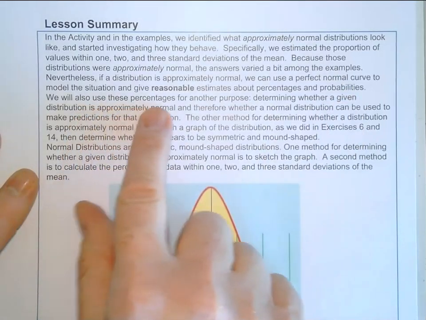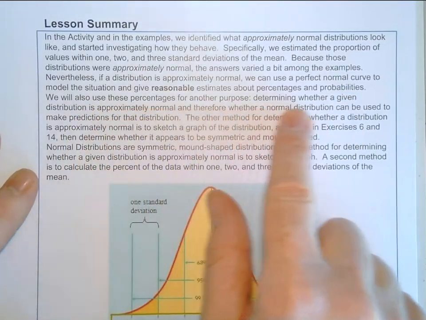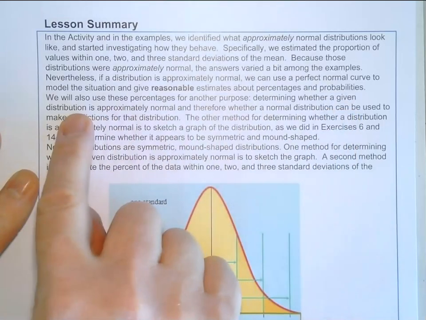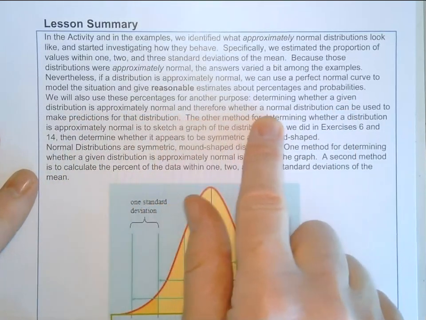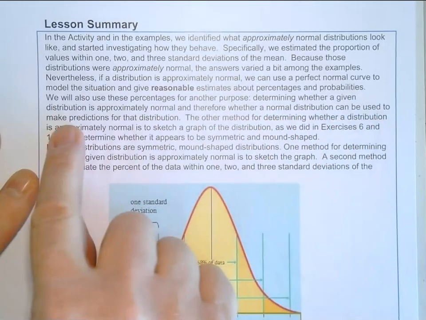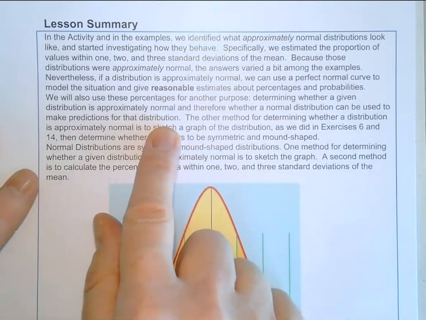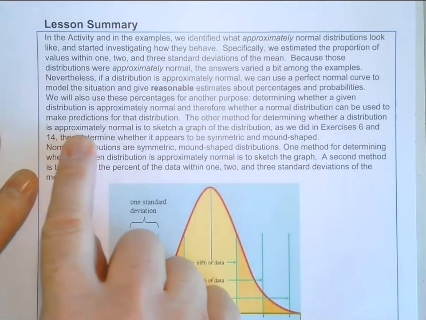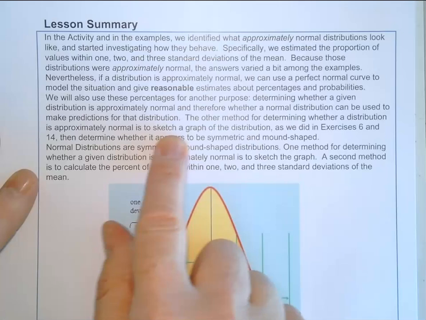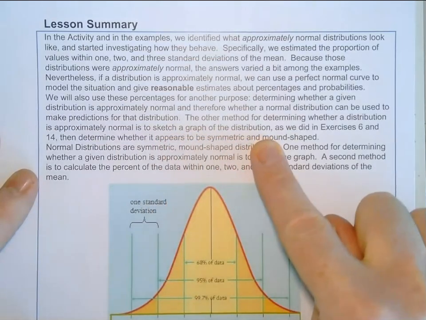We will use these percentages for another purpose, determining whether a given distribution is approximately normal, and therefore whether a normal distribution can be used to make predictions for that distribution. The other method for determining whether a distribution is approximately normal is to sketch a graph of the distribution.